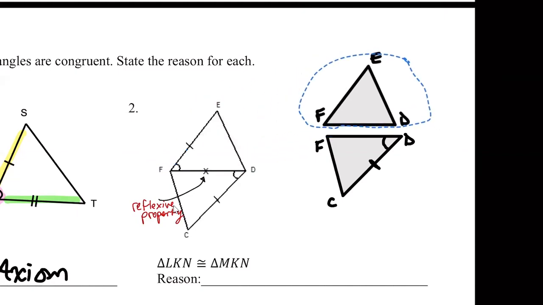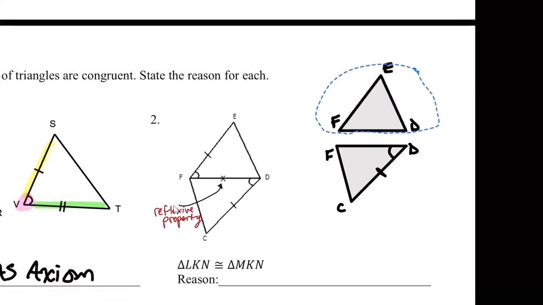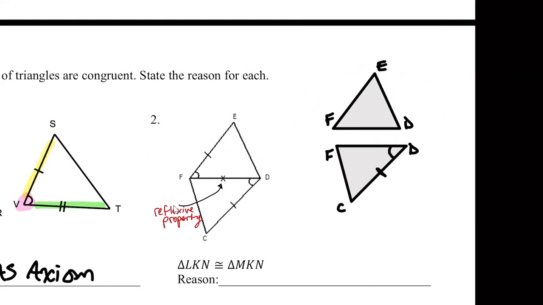All right. So if I pull it apart, you see here, I'm still looking at side DF and side DF. It's the same side, right? So there would be congruence there. So you could still use the X if you want, but now I can actually say that this is a double tick mark, right?